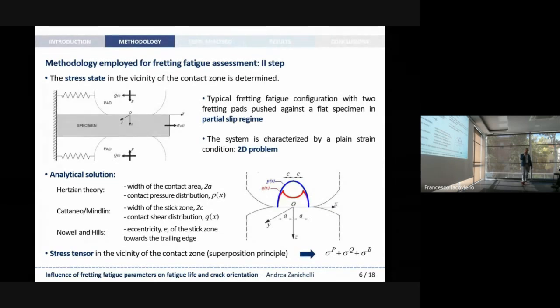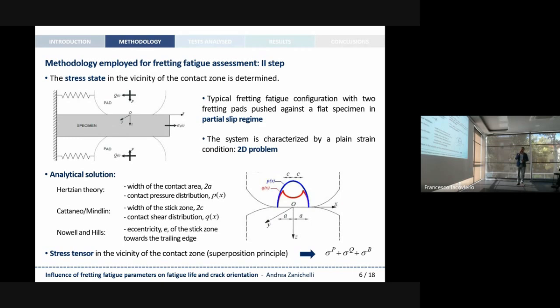Then the stress state needs to be determined in the vicinity of the contact zone. Let us consider the typical fretting fatigue configuration shown here, in which we have two fretting pads, either cylindrical or spherical, that are pushed against the flat specimen in partial slip regime. This system is characterized by a plane strain condition, so it can be considered as a bidimensional problem.